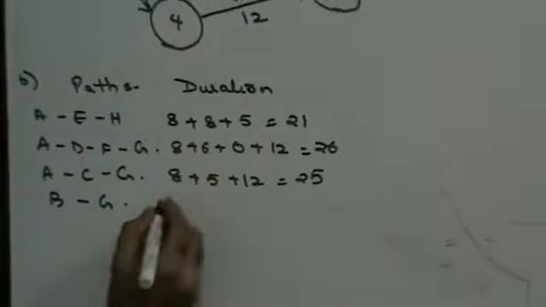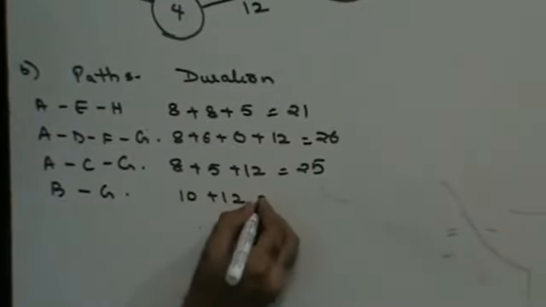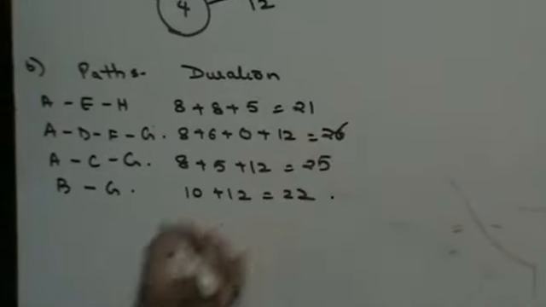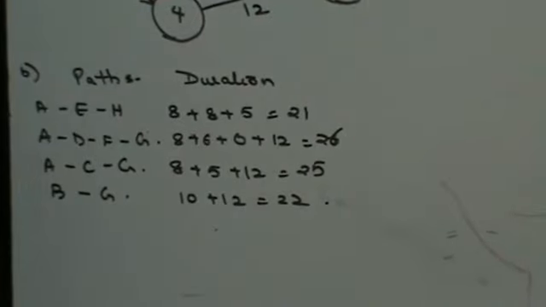If I use BG, 10 plus 12, that is 22. Right? So the maximum duration is in the path ADFG. So that is going to be my critical path, and the maximum time is my project completion time, which is going to be 26 days.